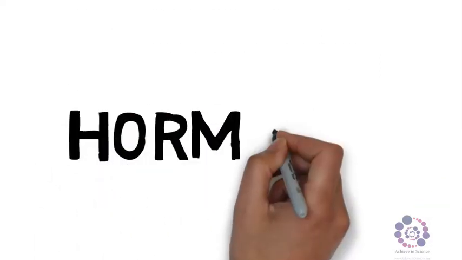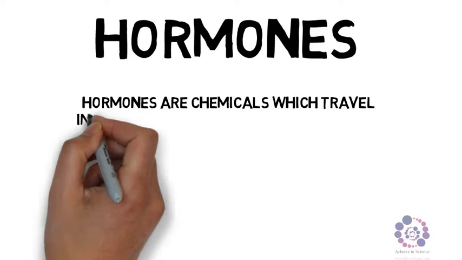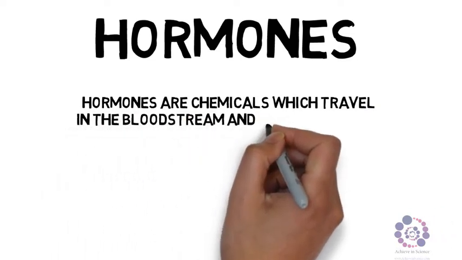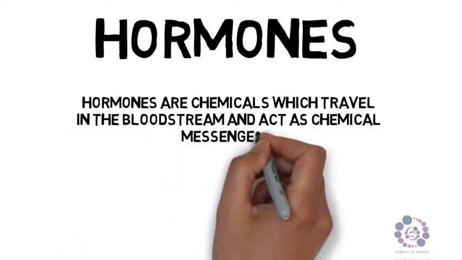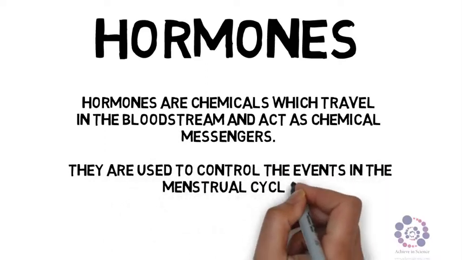Now, how does this happen? Well, again, this is down to hormones. Hormones are chemicals which are able to travel in the bloodstream, and they act as chemical messengers. They are used to control the events within the menstrual cycle.